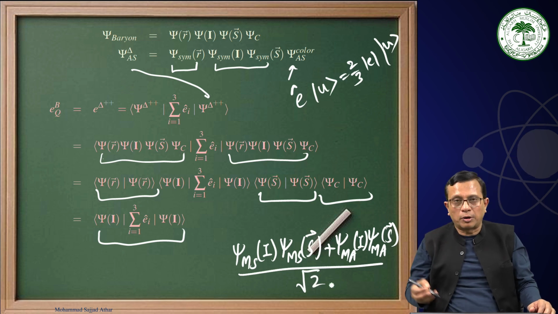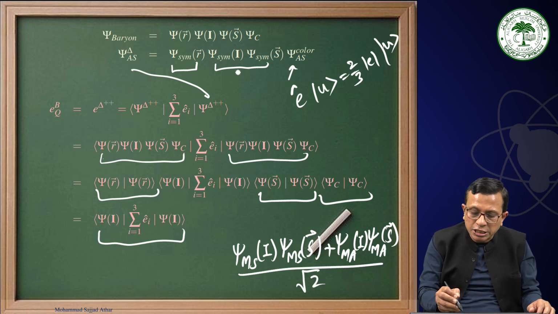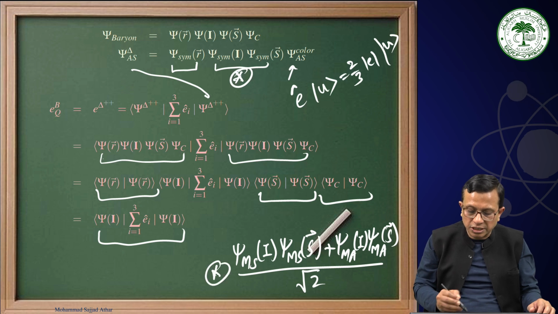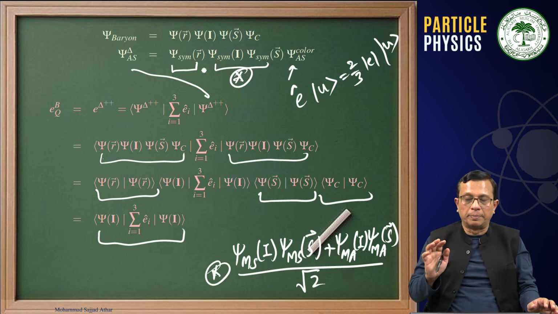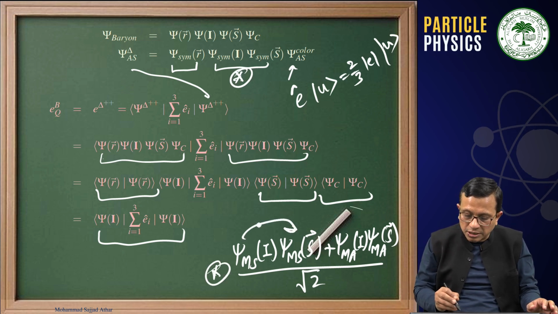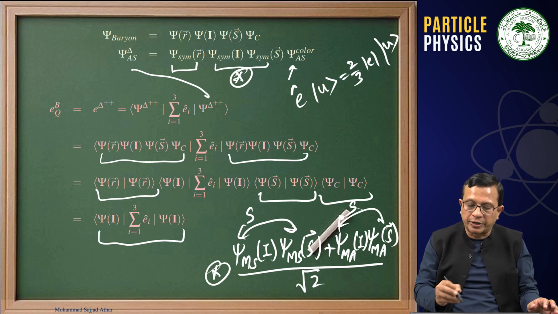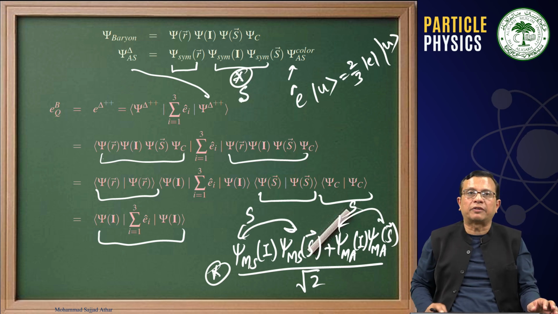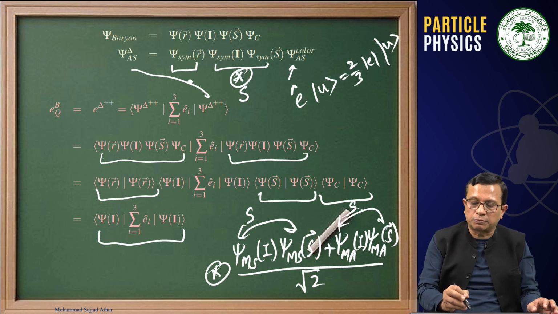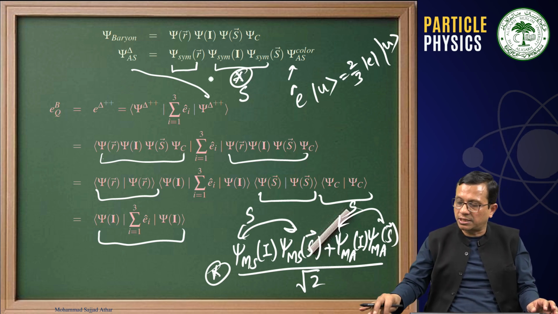Therefore, when we talk about proton, for this part we will write in this fashion, and then these two will be there. This part, as you can see, will be symmetric. This mixed anti will give me symmetric. Therefore, we will get a symmetric part from here, and symmetric part is for space, and color is antisymmetric.